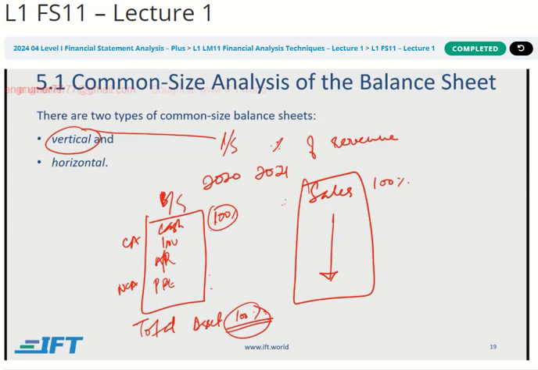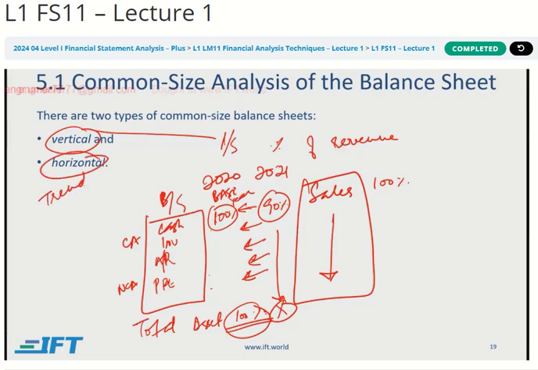And if it has come down, we will show it as 90%. So it's not really linked to the total assets of that year. No, each item is linked to its predecessor, right, from the base year. So this is basically your horizontal analysis, which is, by the way, also called trend analysis.